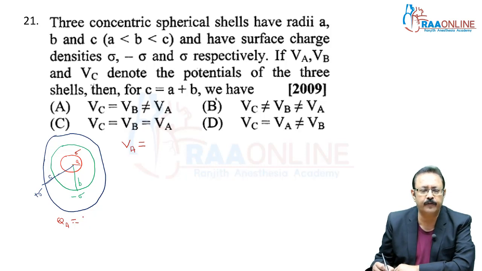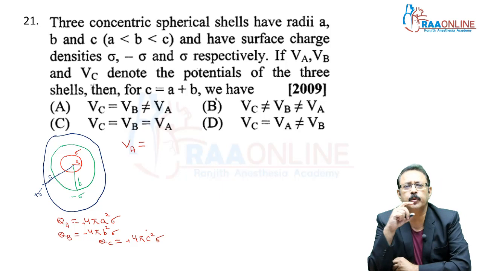So the charge is 4 pi A square into sigma. What is the charge on B? Its area is 4 pi B square, area of a sphere, and the charge density is minus sigma. What charge is on C? Area is 4 pi C square, charge density again plus sigma. It is positive sigma.